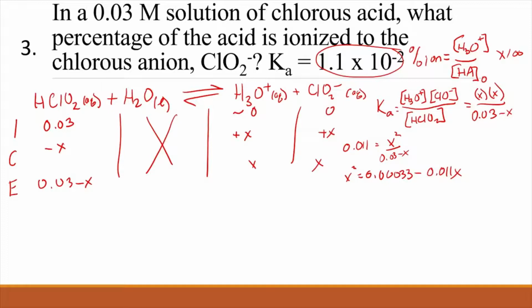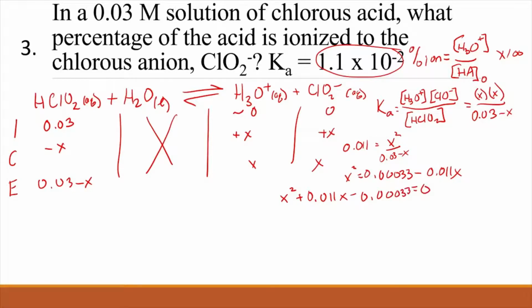Let's put everything on the same side to get us a quadratic. So then this tells us that X squared plus 0.011x minus 0.00033 is equal to 0.